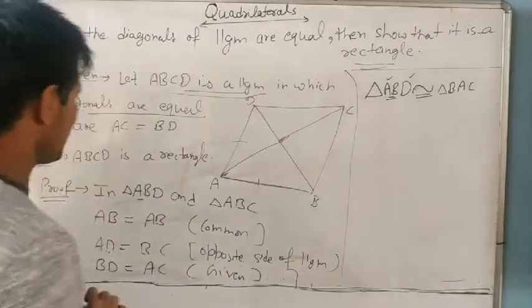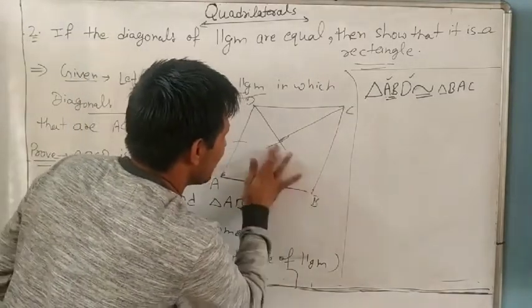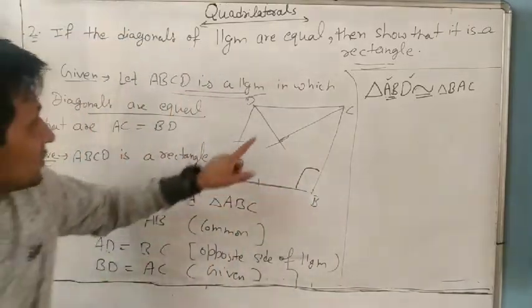And now what we want to prove is that angle A equal to angle B, and we check it in these two triangles.